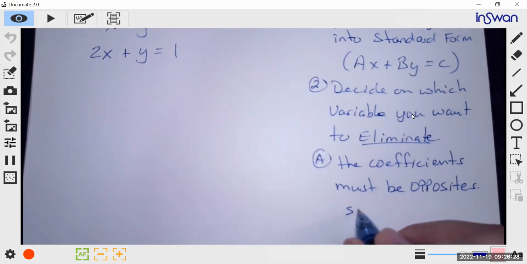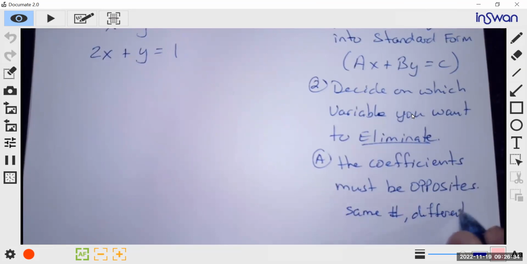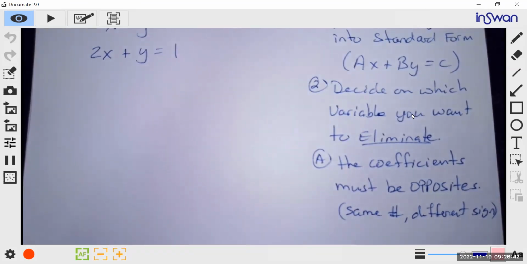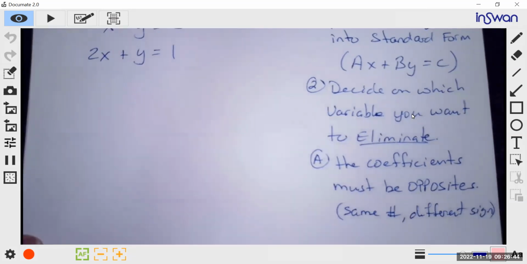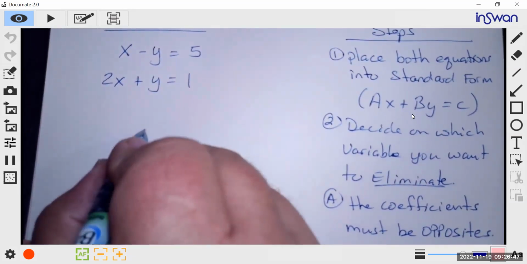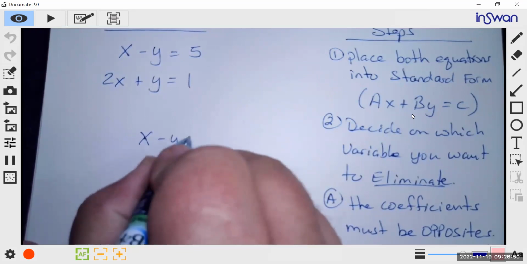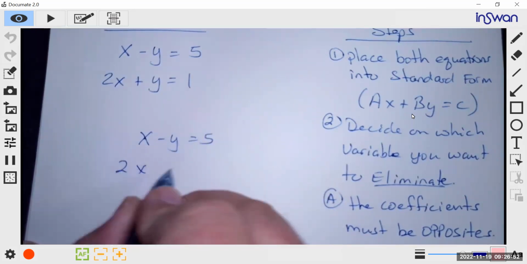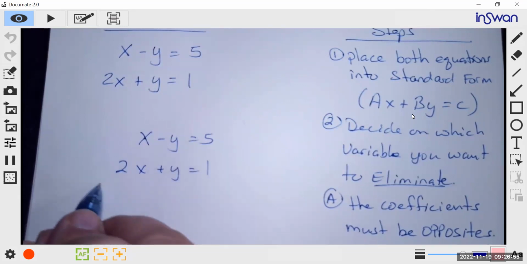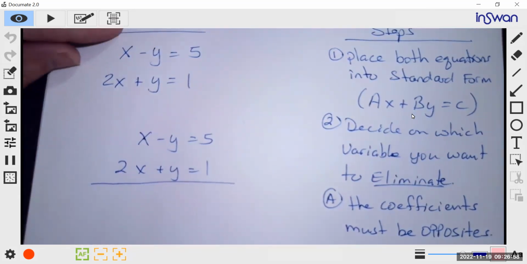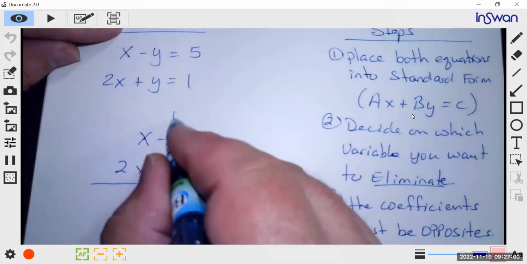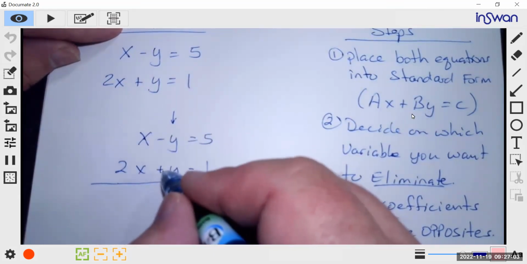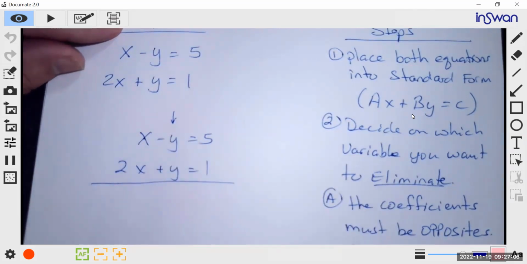What does that mean? Same number, different sign. So we have here x minus y equals 5, 2x plus y equals 1. I want to get rid of the y value because the coefficients are opposite signs, but the same number.